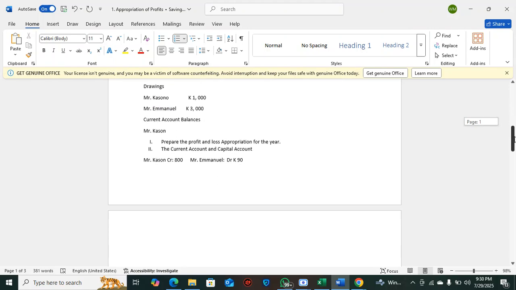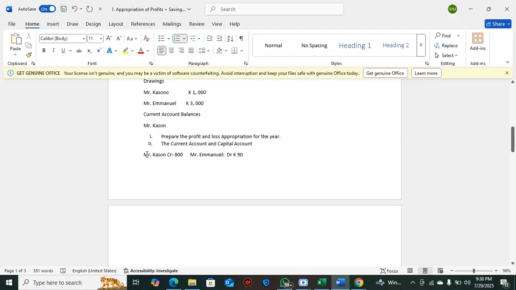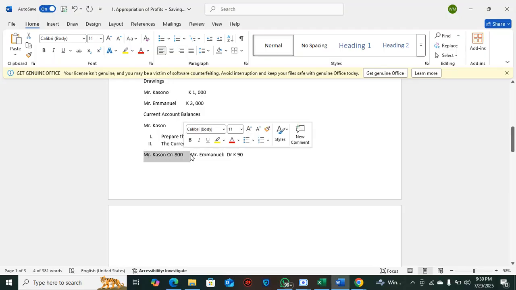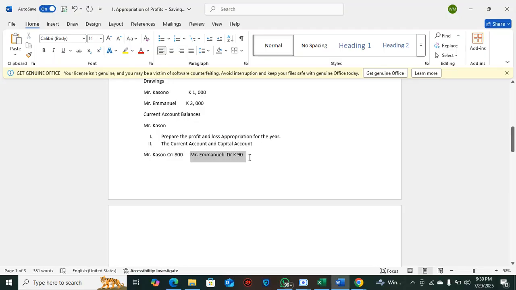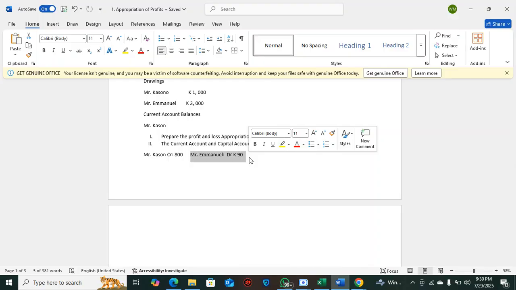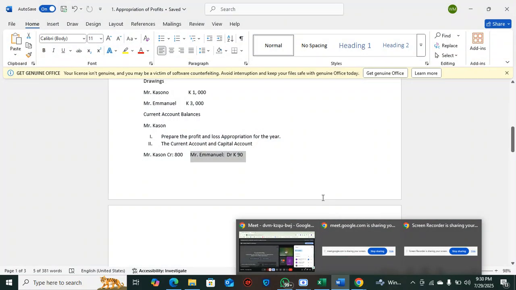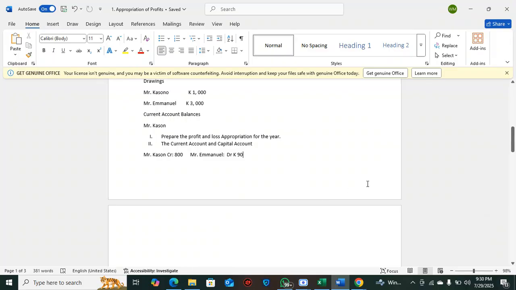Here are the current account balances: Mr. Casono 800 kwacha, Mr. Emmanuel 90 kwacha. So, colleagues, when a partner has a debit balance on the current account, it means they are owing the business. Should you see a debit balance for the current account, then that partner is owing.